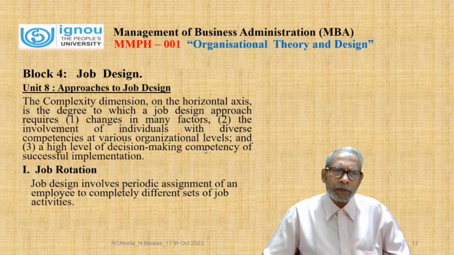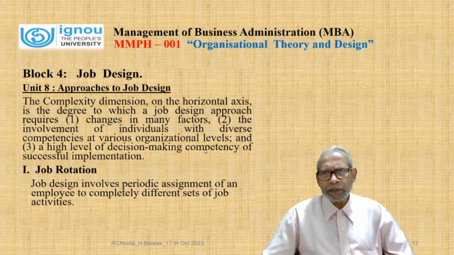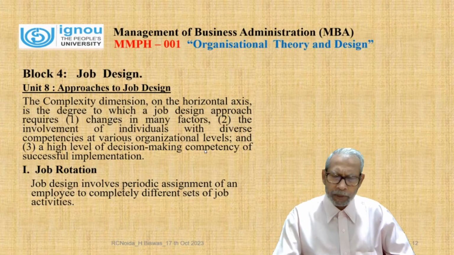Then job rotation, as I say, is where job design involves a periodic assignment of the employee to completely different sets of job activities. So a different set of activities will be there, then they can perform and learn the things. There's a process of learning and development.